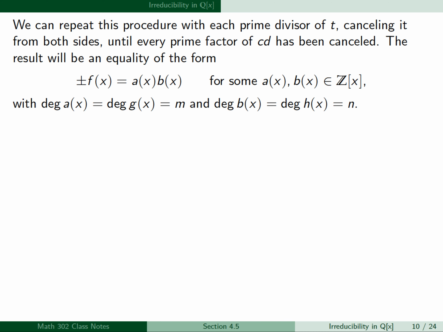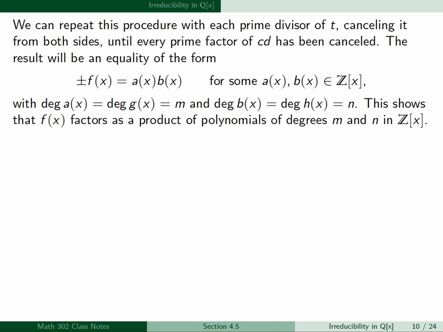And the result will be an equality of the form plus or minus f(x) equal a(x) times b(x) for some polynomials a(x), b(x) in Z[x], with the same degrees as the original polynomials g(x) and h(x), so the degree of a(x) will be the degree of g(x), which is m, and the degree of b(x) will be equal to the degree of h(x), which is n.